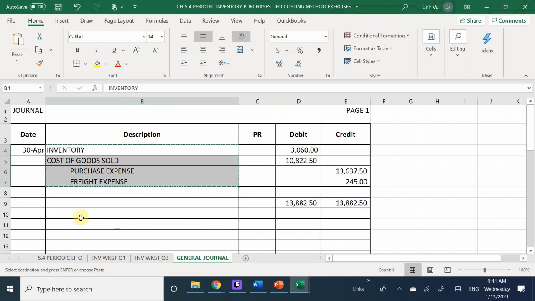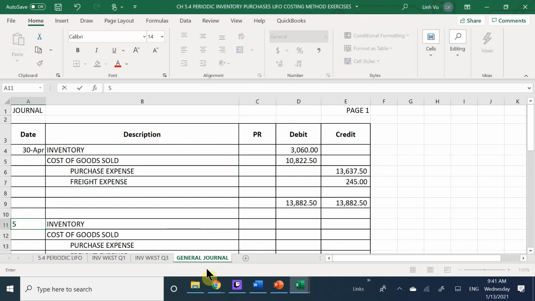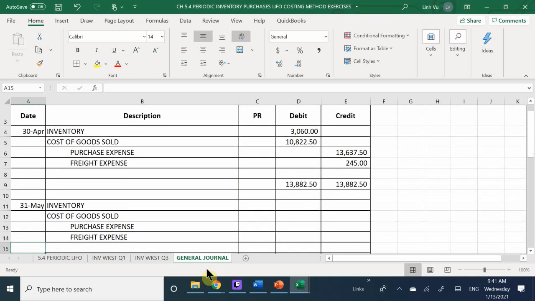If you're using Excel or the worksheet itself, as long as you're able to utilize the computer software, you can copy and paste to take as many shortcuts as you can. And even if you make a misspelling, you can go back and fix it.